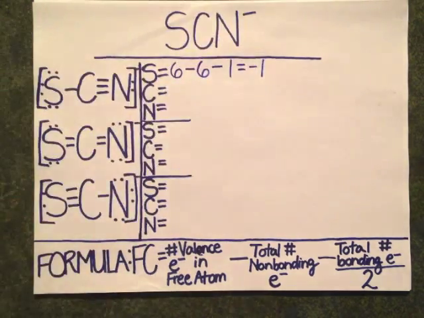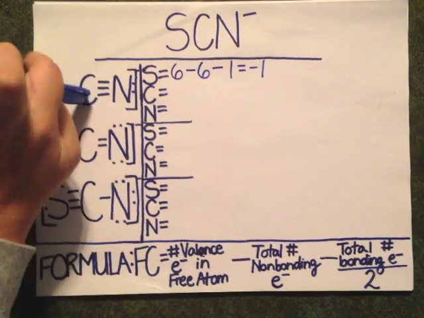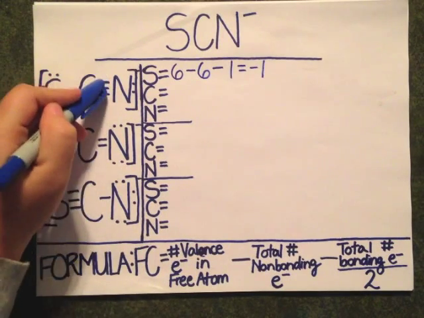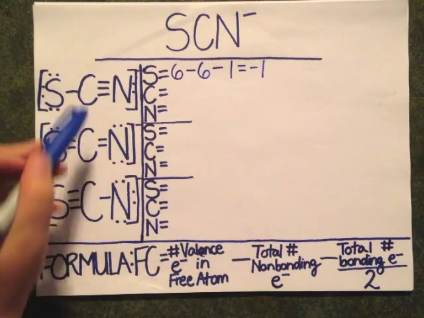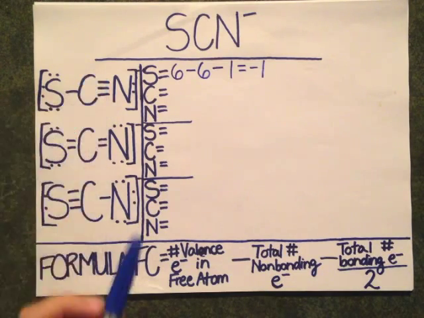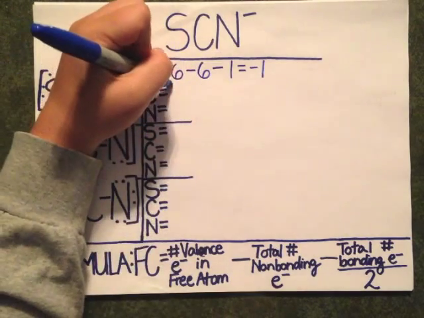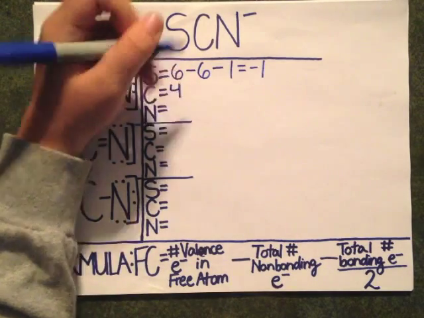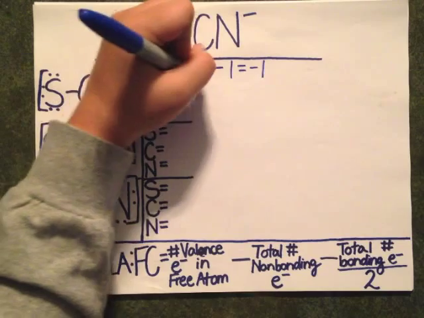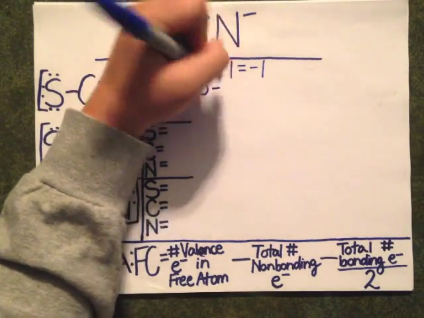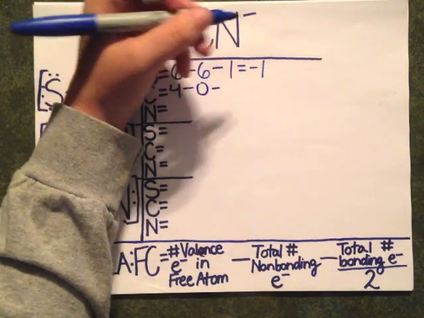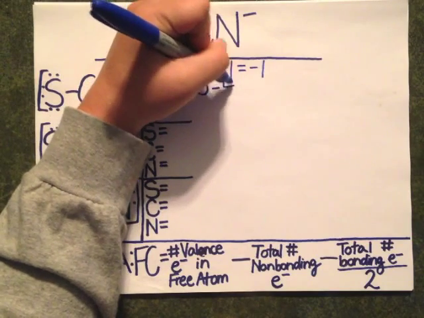The next atom, carbon, has 4 valence electrons, 0 non-bonding electrons, and 8 bonding electrons. The formula will be formal charge equals 4 minus 0 minus, in parentheses, 8 divided by 2, which equals 0.